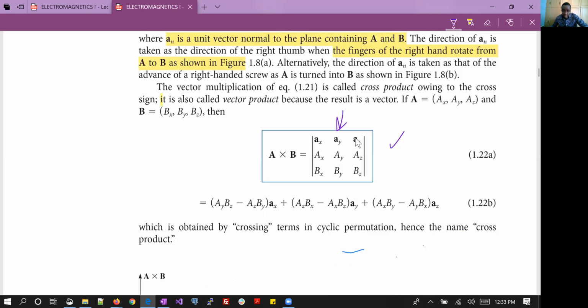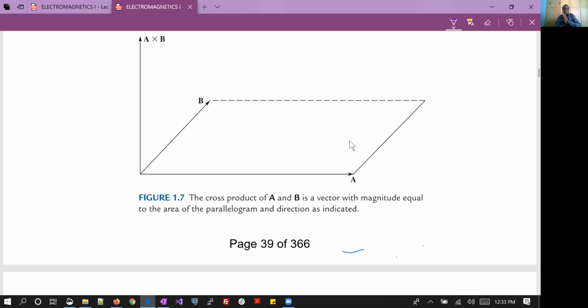I have a diagram here. The vectors A and B are indicated as such. So they are joined head to head or tail to tail. This is the direction of A, direction of B.